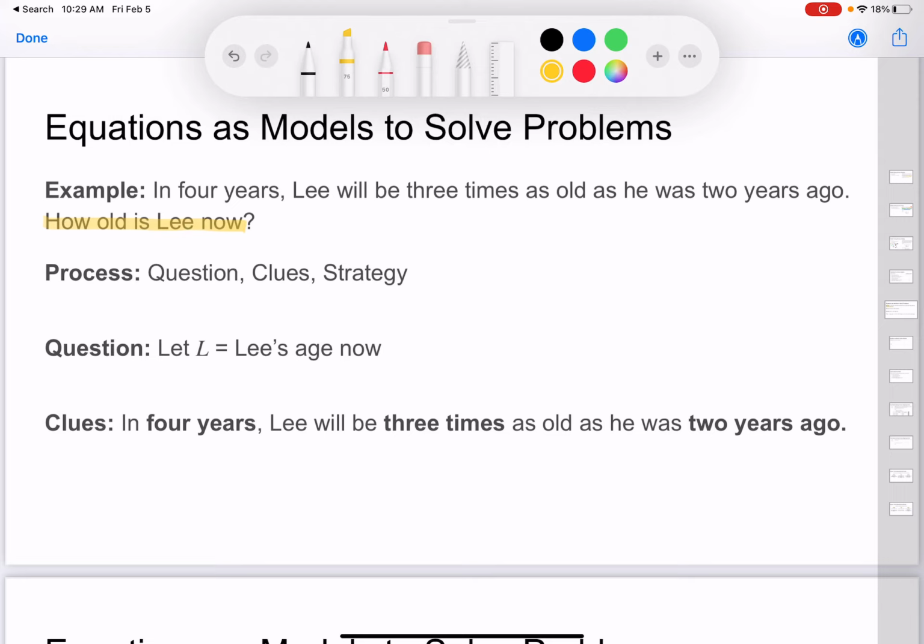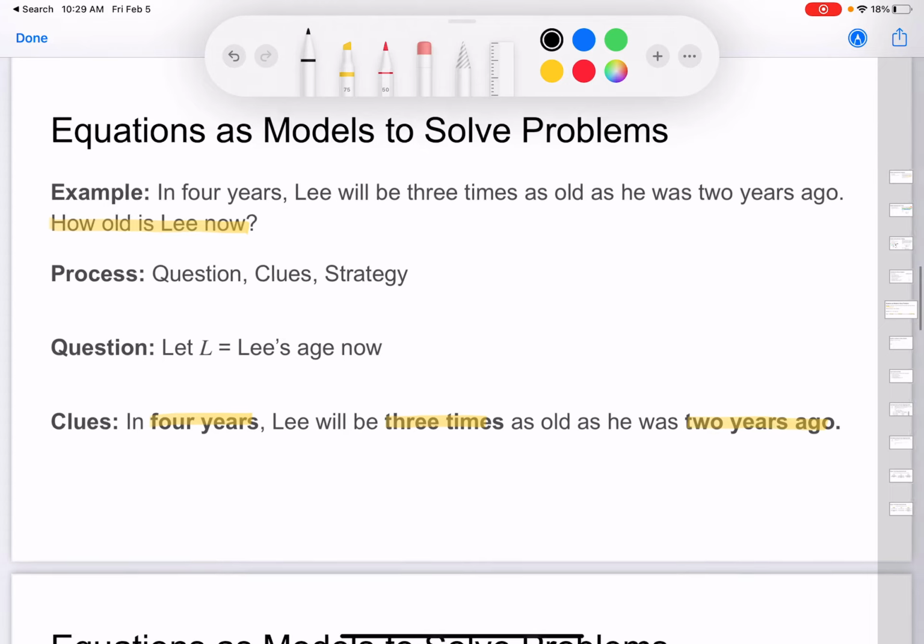The next thing we want to do is identify various clues that can help us solve this problem. So this says, in 4 years, Lee will be 3 times as old as she was 2 years ago. Now that we've done that, we are going to interpret the clues and organize them. In 4 years means in 4 years from her current age right now.